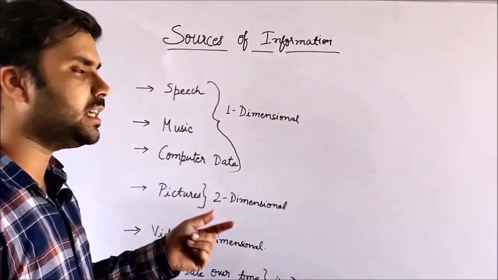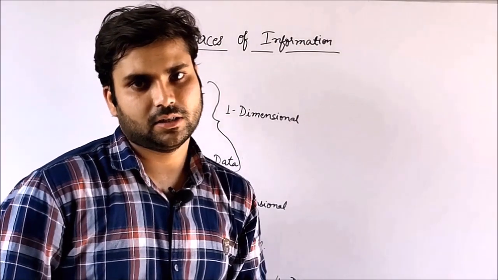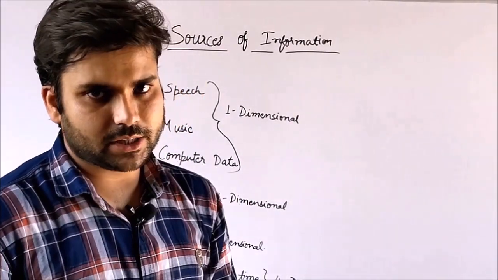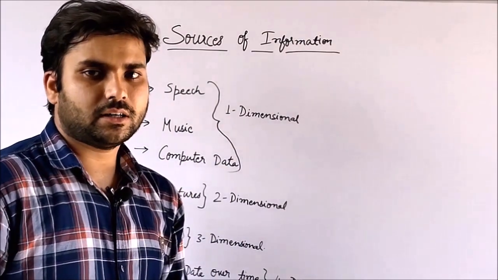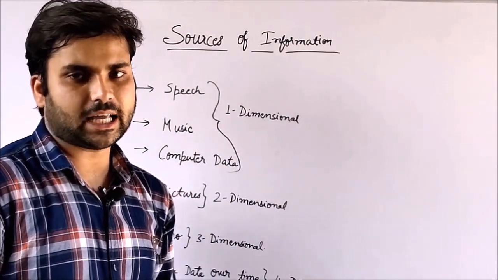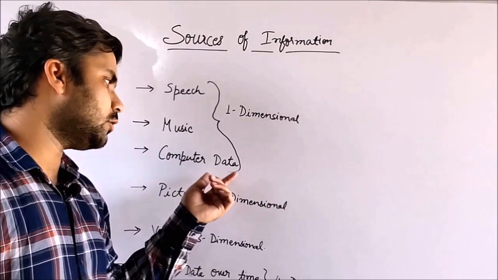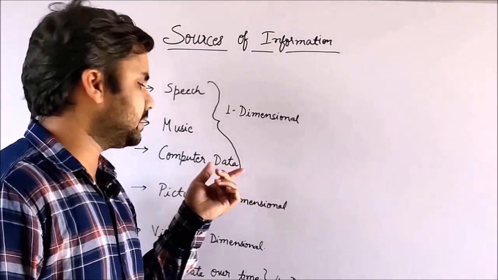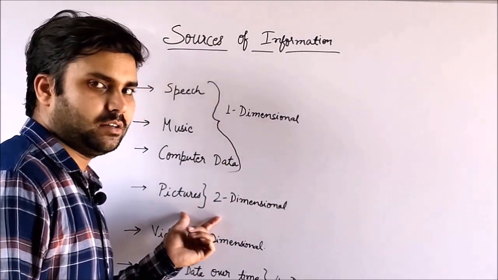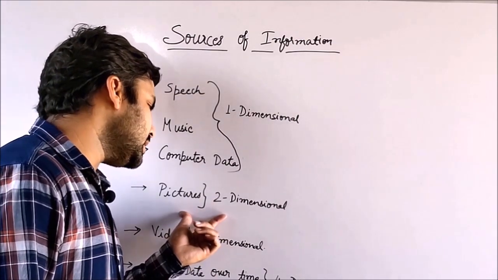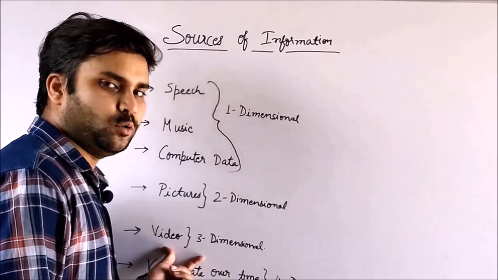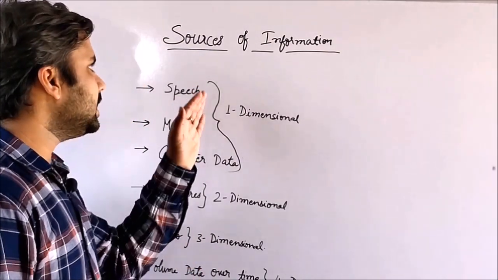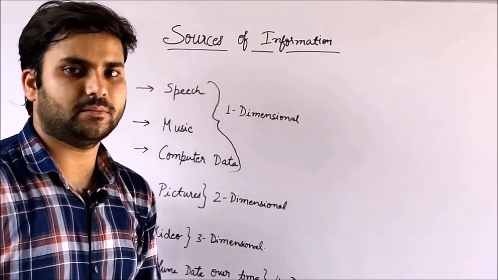These are the speech signal, the music created by any musical instrument, and the computer data created by a computer or a calculator. It is in 0 and 1 bits. Then picture, and a continuous frame of pictures can be called a video. Okay, so all these are the sources of information.